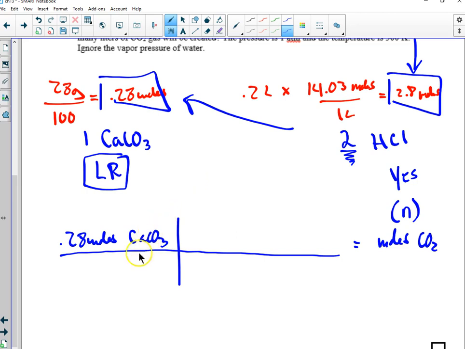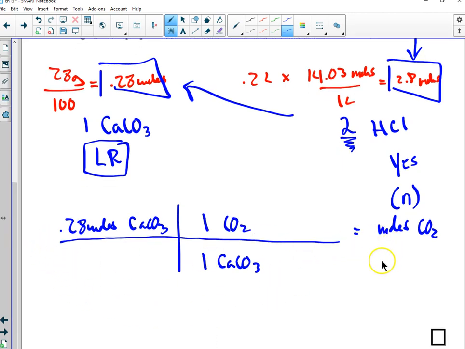Okay, so there was a 1 in front of calcium carbonate, right? What was in front of CO2? We never wrote it out, but it was also just a 1. Okay? So, N is 0.28. That's your N value, and now we got to PIV NERD the whole thing.